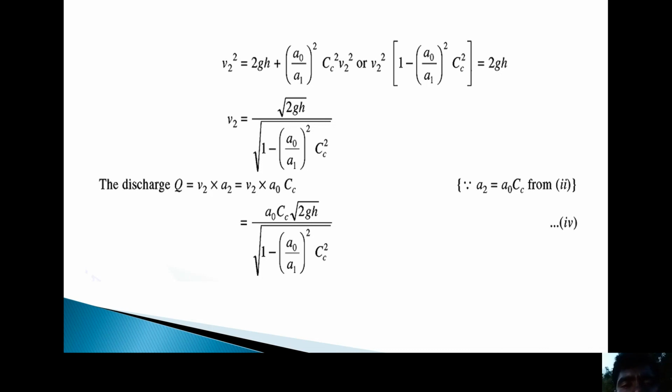Therefore V2 square into 1 minus A0 by A1 whole square Cc square equal to 2gH. Therefore V2 equal to root of 2gH by root of 1 minus A0 by A1 whole square into Cc square. Since A2 equal to A0 Cc, the discharge Q equal to A2 V2, which is A0 Cc root of 2gH by root of 1 minus A0 by A1 whole square into Cc square.